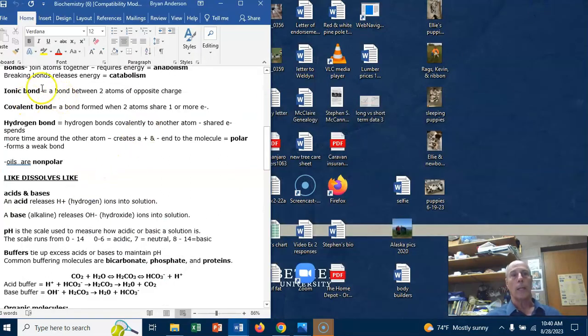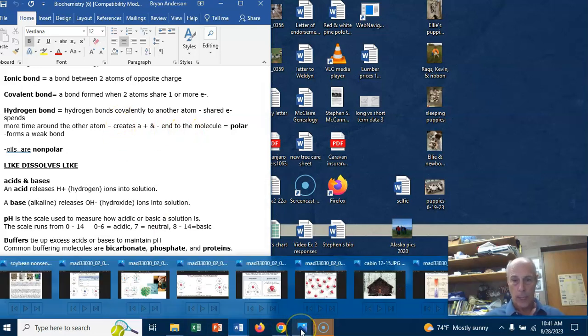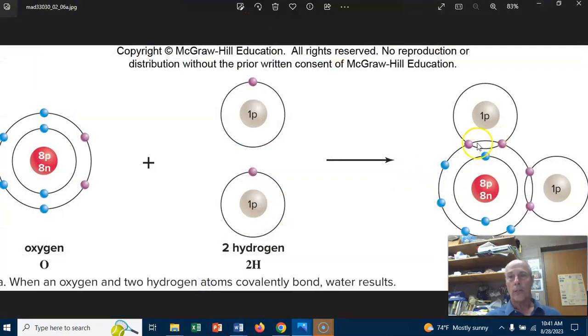So again, ionic and covalent bonds, I'm suspecting those are fairly familiar to you. The last one then is the hydrogen bond. If we look back at those images, because that electron spends more of its time around this large oxygen atom and less of its time around this smaller hydrogen atom, that negative charge, remember an electron has a negative charge, is more often here and less often here.